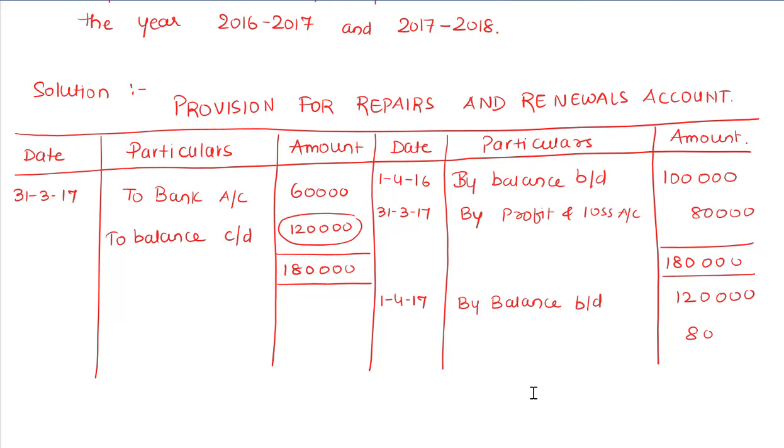Annually 80,000 is transferred. So by profit and loss account 80,000, 31/3/2018.